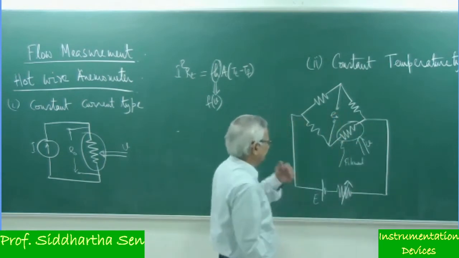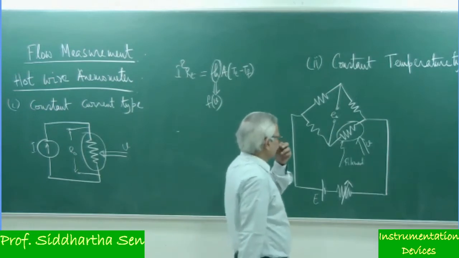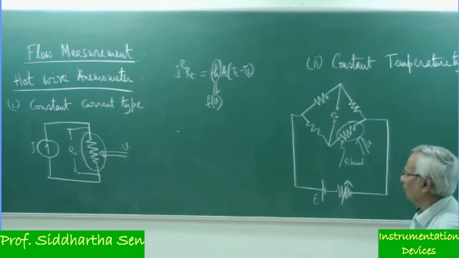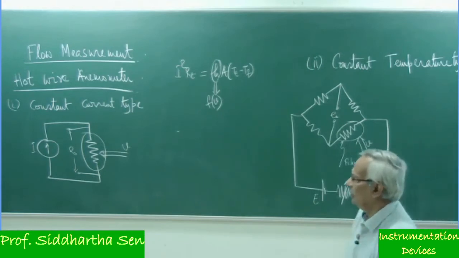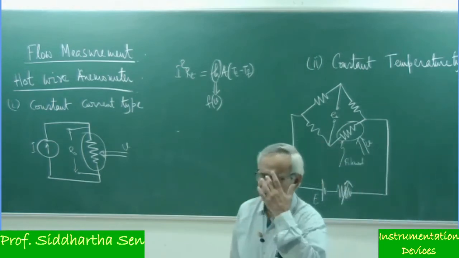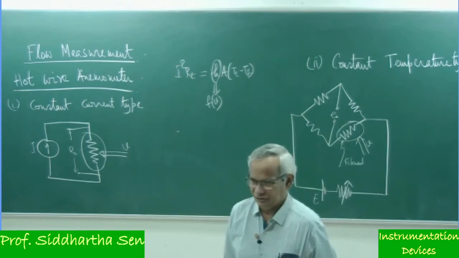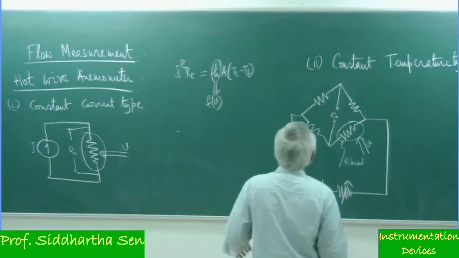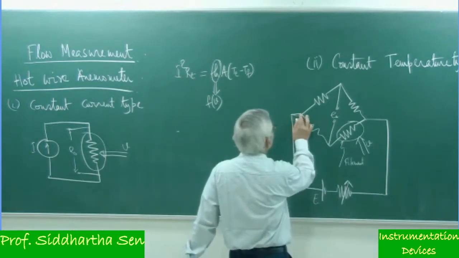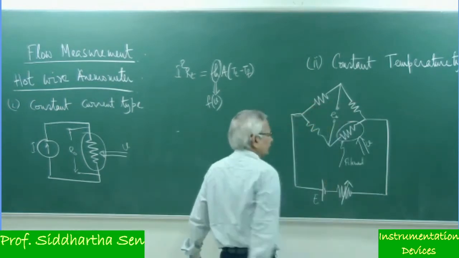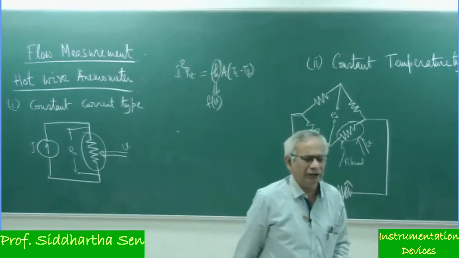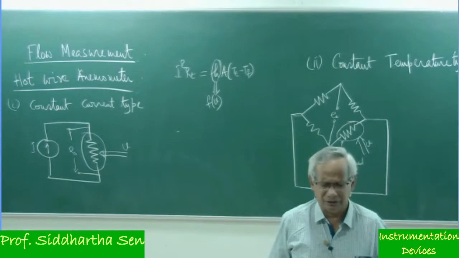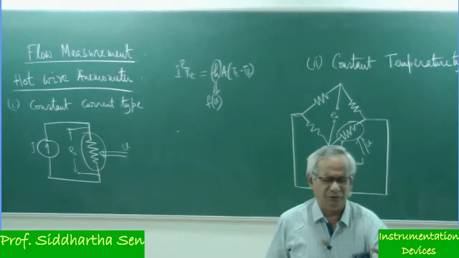It's basically a Wheatstone bridge, but we try to operate the Wheatstone bridge always under balance condition. So suppose we first use this Wheatstone bridge. These three resistances are fixed and they do not change their resistance with temperature or the current flowing through them.